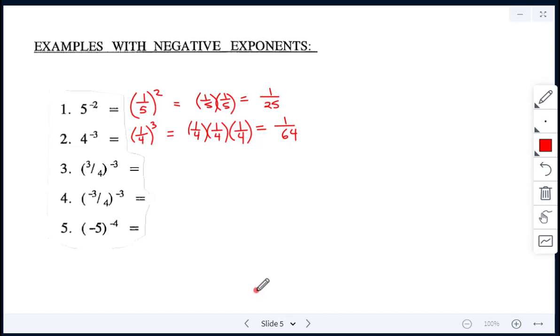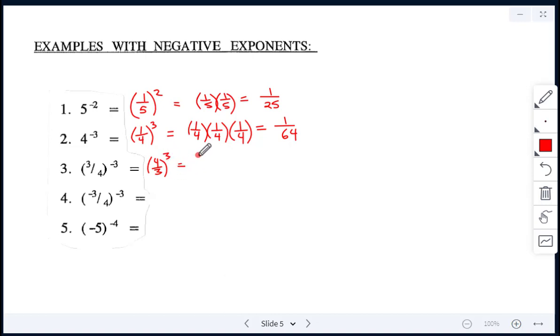All right, let's try number 3. Again, our base is 3 over 4. Our exponent is negative 3. All right, so we have to take the reciprocal of our base. So 3 over 4, we're going to flip that. It becomes 4 over 3. And now our exponent becomes positive.